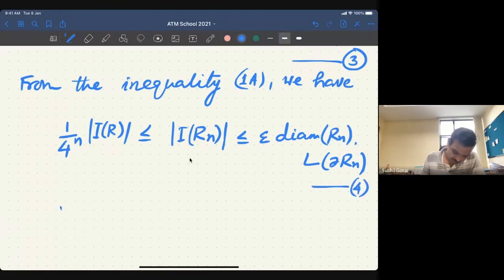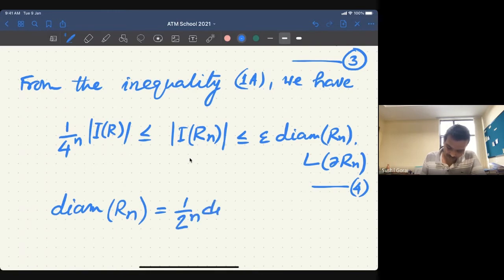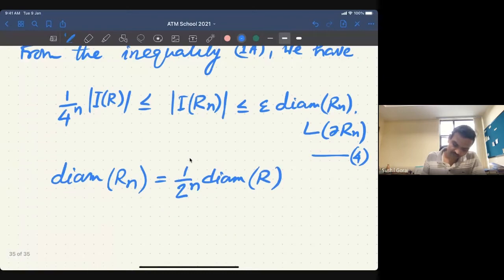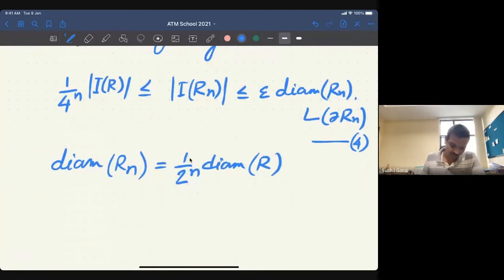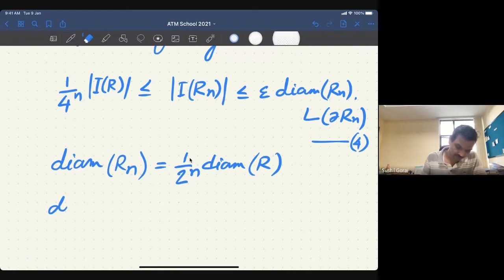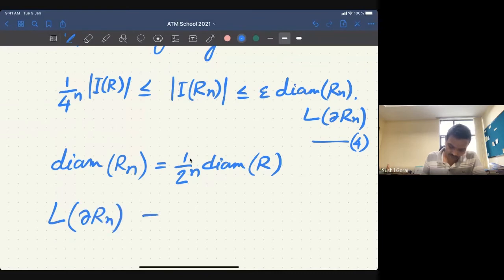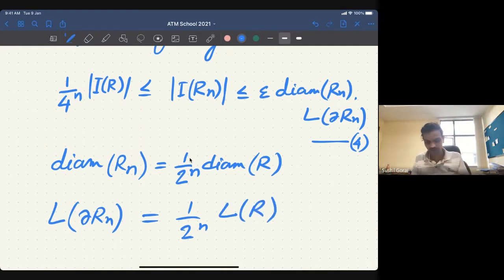Now we have this relation: since we are always dividing by half, the diameter of Rn will be 1 over 2 to the power n times diameter of R. Similarly, the length of del Rn will be 1 over 2 to the power n times, sorry, not diameter in this case, it is length, the length of del R. We are just looking at the perimeter here.